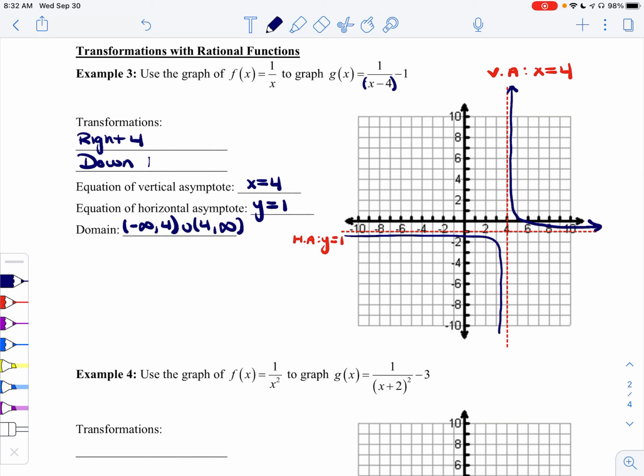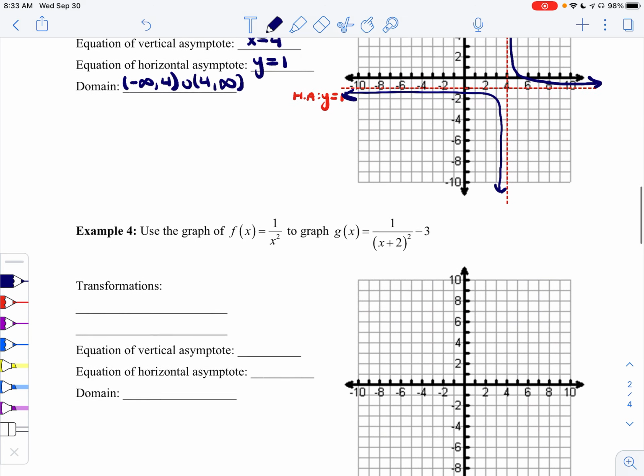Just sketch that in relative to your new asymptotes. Okay, so not nearly as much precision as we had the first time we did transformations. The place that we're being very precise is making sure that our asymptotes are in the right place, and then making sure that our graph has the correct shape relative to those asymptotes.